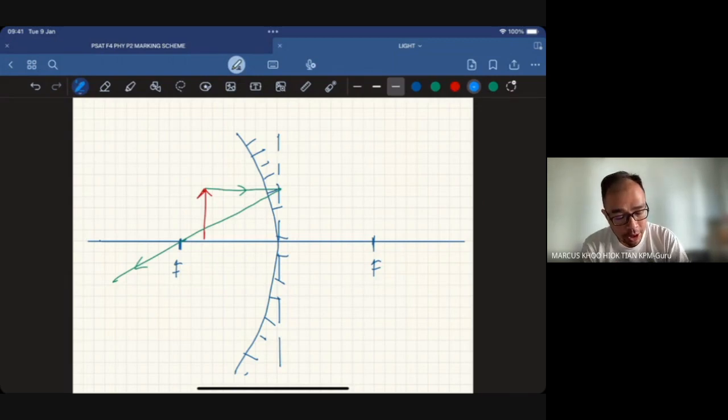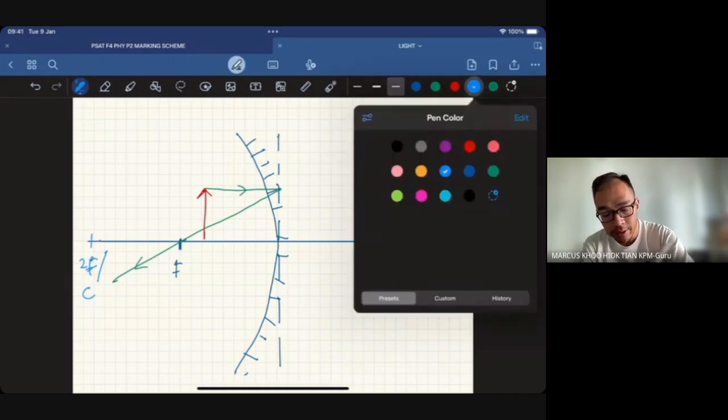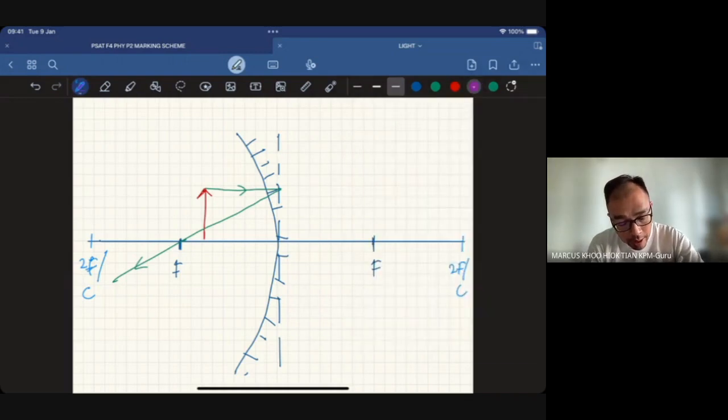Actually, there should be another F over here, 2F, or C, depending on whether you want to put it as C or F. The second one, use a different color, draw a straight line from here to the 2F, all the way until here.